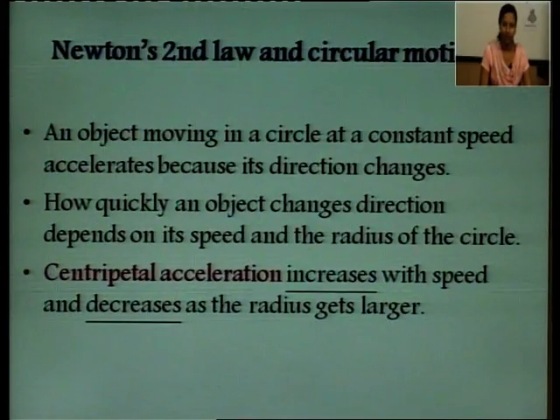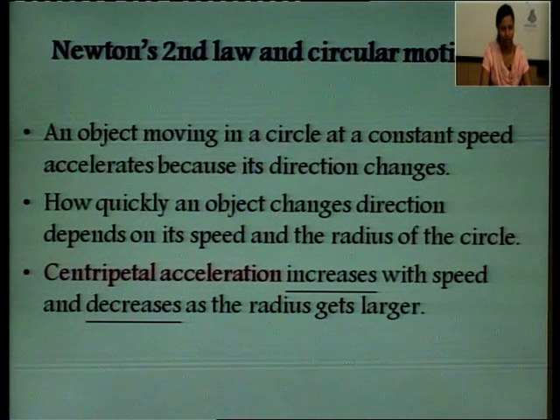So, in detail, an object moving in a circle at constant speed accelerates because its direction is continuously changing. How quickly an object changes direction depends upon its speed and the radius of the circle.